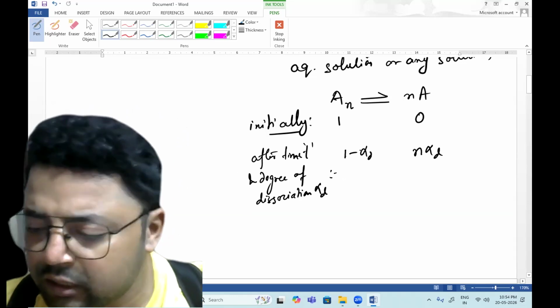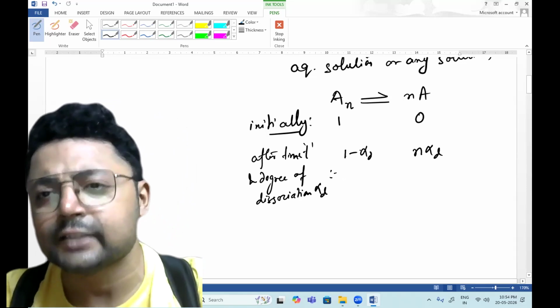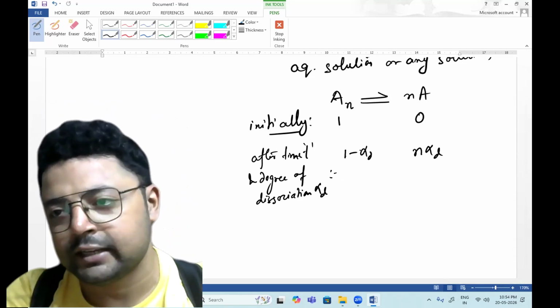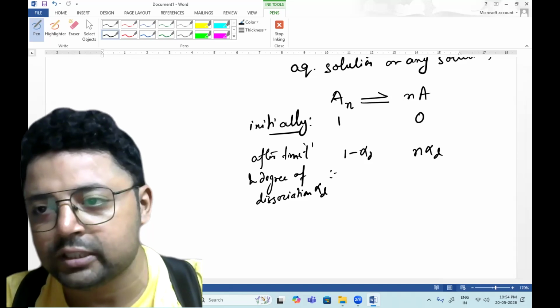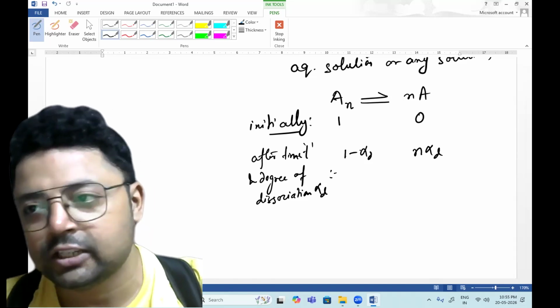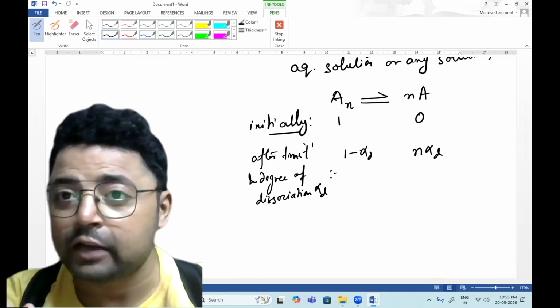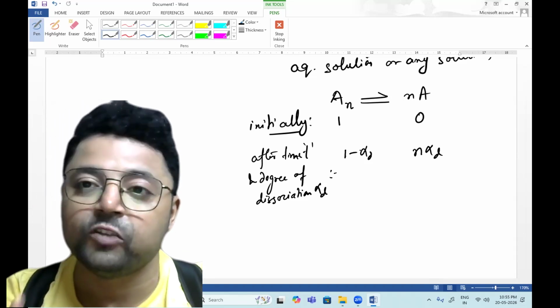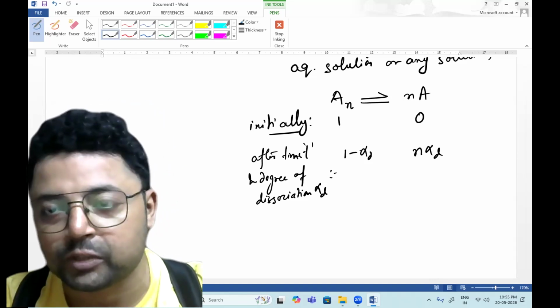So here, if you remember in class 11, in the chemical equilibrium chapter, we have studied that initially it is 1 mole, then it is 0. When we used to calculate the value of Kp, we used to figure out the total number of moles from there.